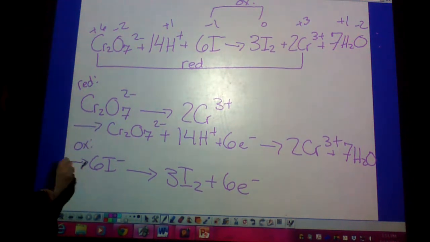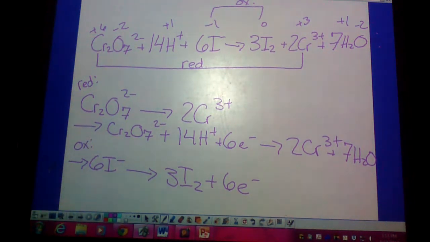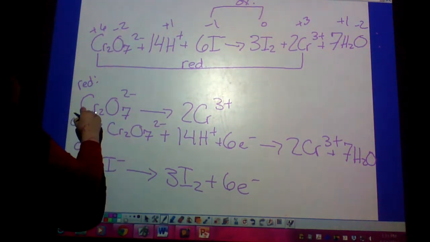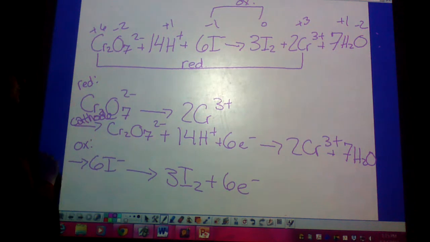So here's this one, here's this one. Well, I know that the reduction half reaction occurs at the cathode. So the Cr2O7 2 minus is at the cathode, and then oxidation occurs at the anode, so this one occurs at the anode.